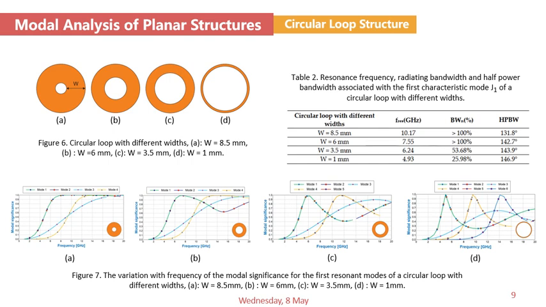However, the results show that when the width of the circle increases, the half-power bandwidth increases and the angle of the main lobe value increases.